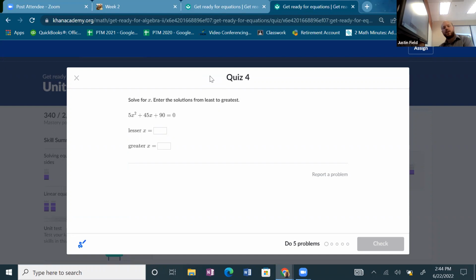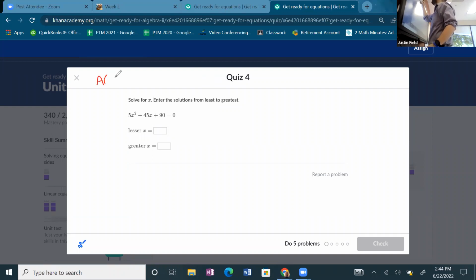So if the quadratic equation is not in vertex form, then it's either in standard form or factored form. So we wrote down the 3 linear forms. Let's write down the 3 quadratic forms. So vertex form is a times x minus h squared plus k. It's called vertex form.